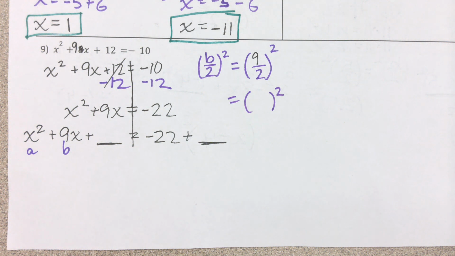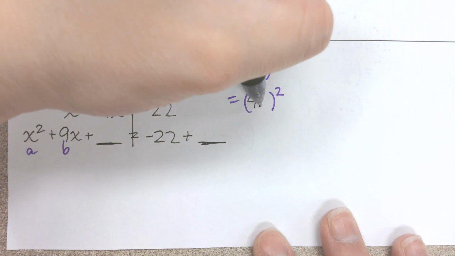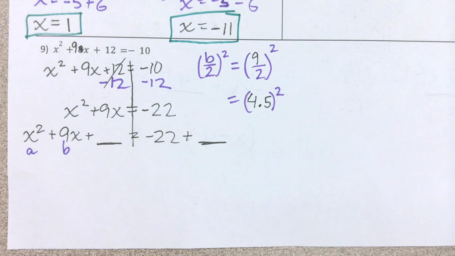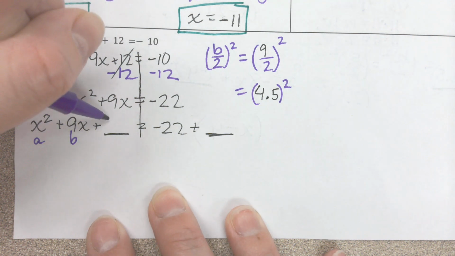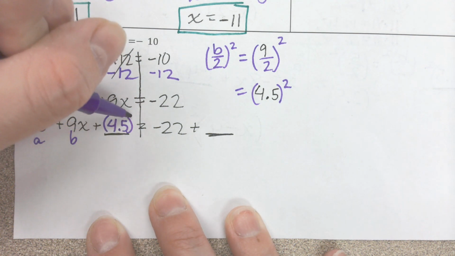We did discuss this briefly on the front with an odd number example. Just turn that into a decimal. The math on this problem is not going to be harder because we have a decimal. You can just use your calculator to figure out what you need help with. So we're going to add 4.5 squared to both sides.